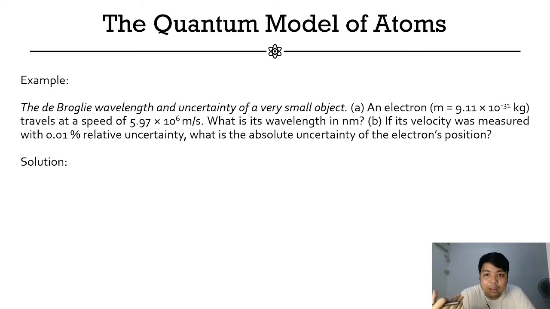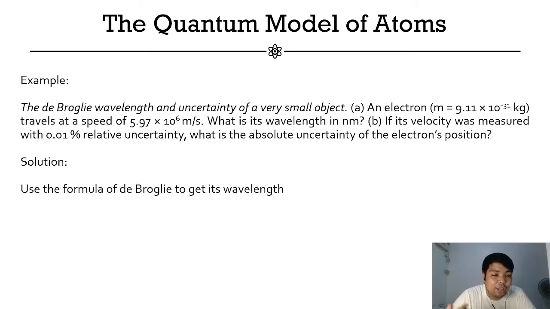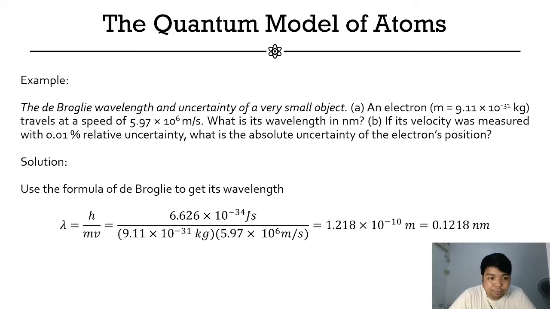That means the lowest value it could get is h over 4 pi, since in the Heisenberg uncertainty principle, the relation is greater than or equal to h over 4 pi.